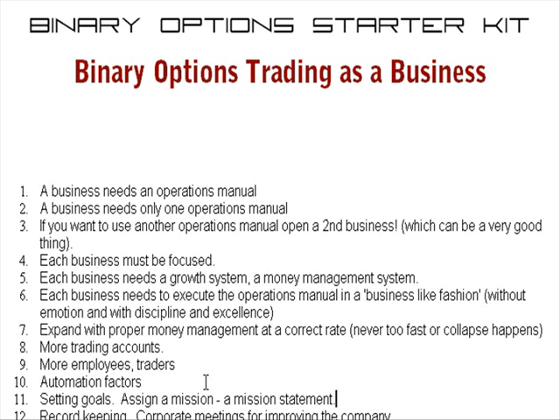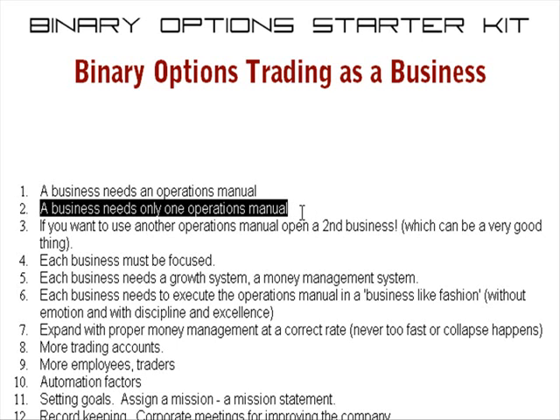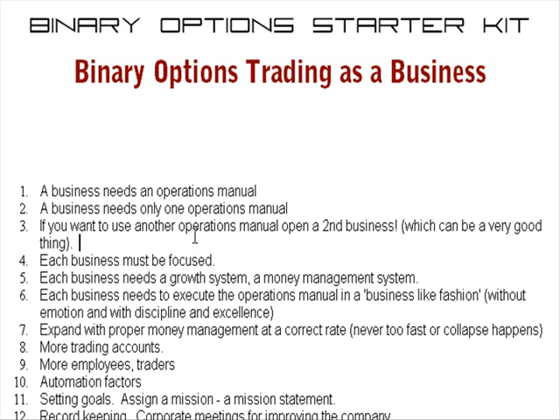That's the backbone of your trading company. And in every business, a trading business needs only one operations manual. You don't add two operations manuals to a trading company. You only have one. If you want to use another operations manual, open up a second business. All right? So that's important because you're not mixing systems.